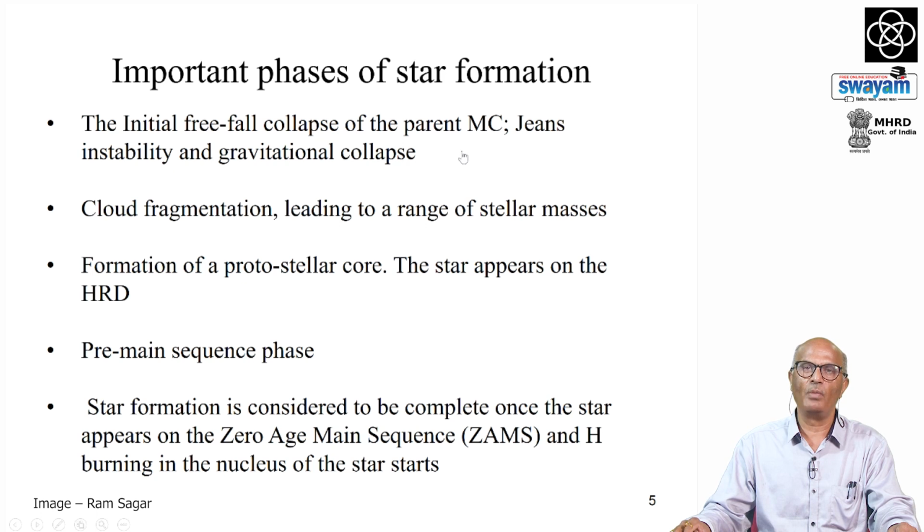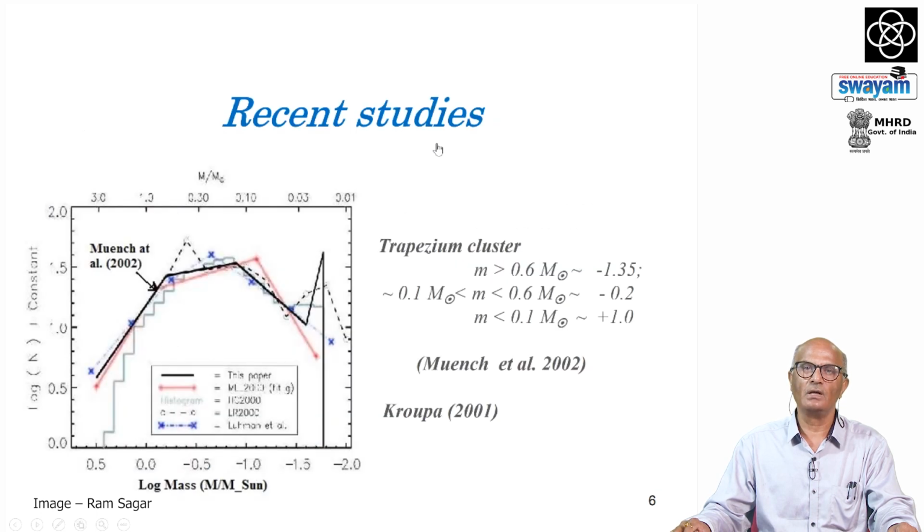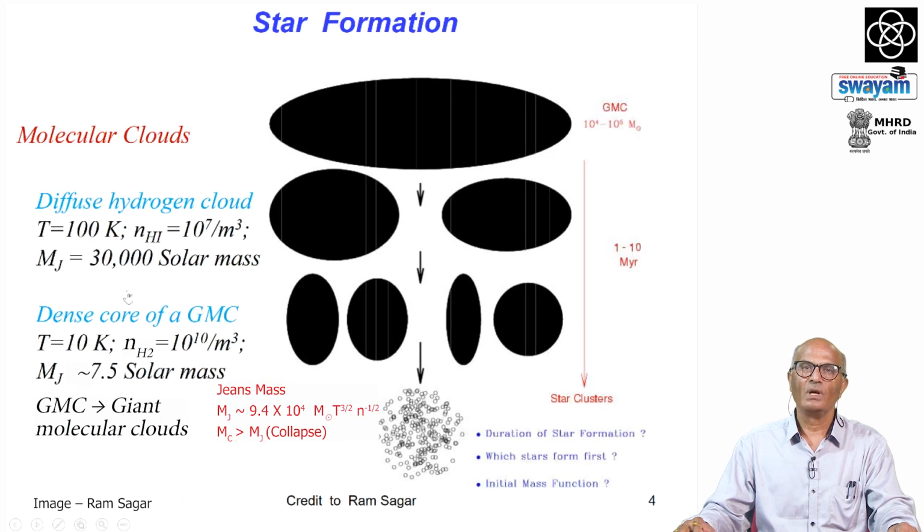If I go back to the earlier slide, you will see that at this temperature the Jeans mass is 30,000 solar mass. So, it means under these physical conditions, if this cloud's mass is more than 30,000 solar mass, then it will start collapsing, and when it collapses, it fragments into smaller parts.